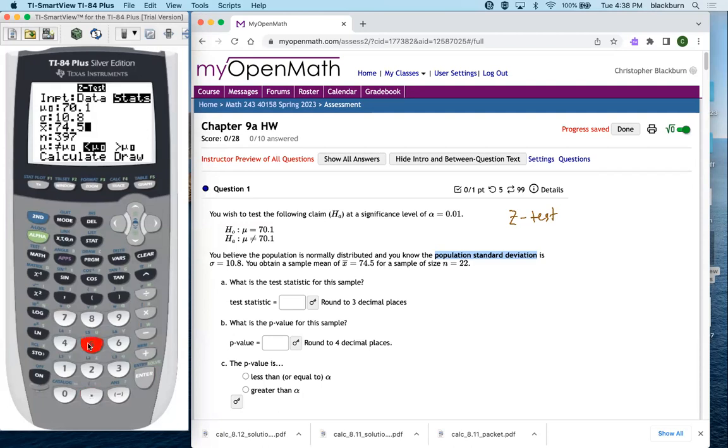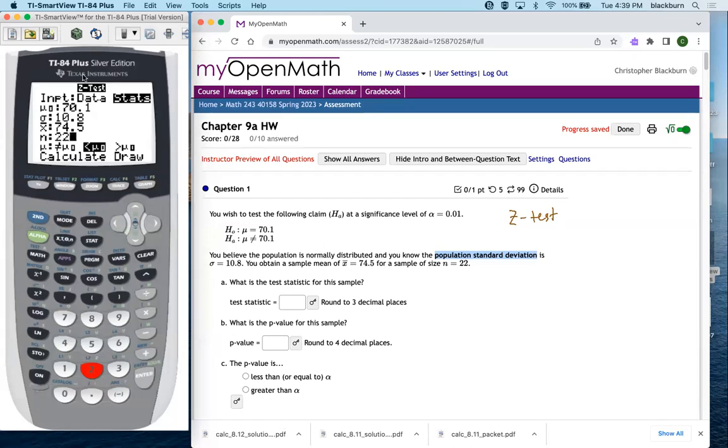So that means we collected a sample of 22. It doesn't say the scenario we're dealing with, but we took a sample of 22. That sample had a mean of 74.5. So does that disprove the mean of 70.1? Is there statistical significance that we would reject the claim that the mean is actually 70.1?